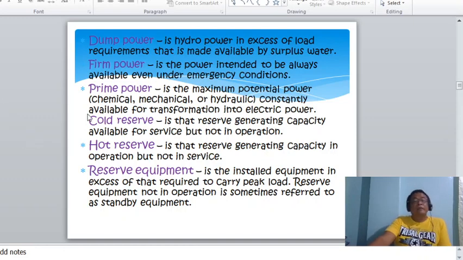Another, we have the reserve equipment. This is the installed equipment in excess of that required to carry peak load. Reserve equipment not in operation is sometimes referred to as standby equipment or reserve equipment.